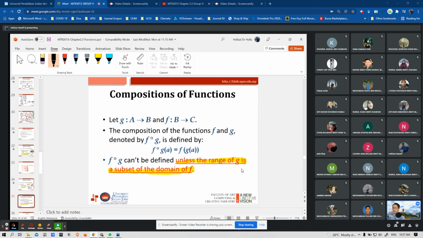And then we have a composition. Let, for example, g be a function from A to B and f a function from B to C. The composition of the functions f and g is denoted by f composition g, equal to f of g of a. The composition f composition g cannot be defined unless the range of g is a subset of the domain of f.